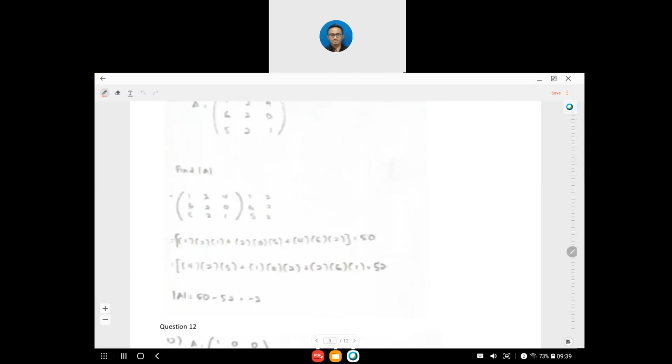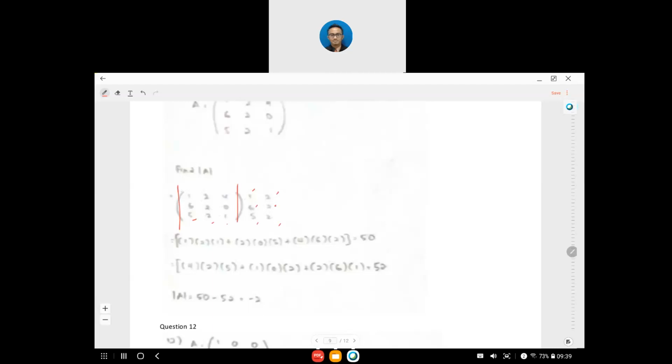So this one your friend using extended column. When you make the matrix, fine, do not use the bracket like this. Just write it straight like this. Okay, so it becomes 1, 2, 4, 6, 2, 0, 5, 2, 1, and then you extend another 2 columns by 1, 6, 5, 2, 2, 2.